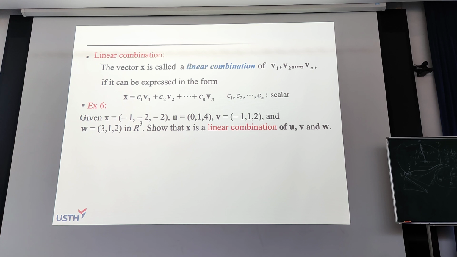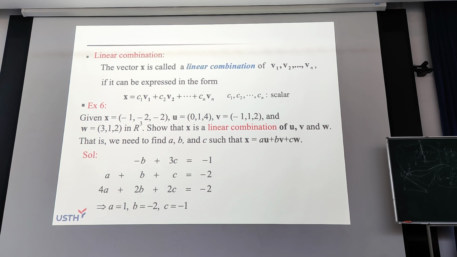Now we consider x to be the sequence (-1, -2, -2). And you are required to show that x is a linear combination of u, v, and w. That is, we need to find three numbers a, b, and c so that x equals a times u plus b times v plus c times w.